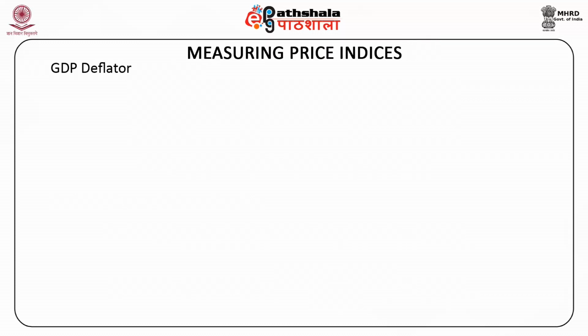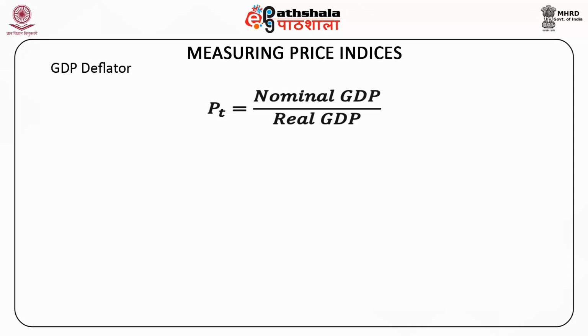In an economy where nominal GDP increases at a rate faster than the real GDP, the prices must be rising. To measure this rise in prices or inflation, GDP deflator, written as P_t, is computed. GDP deflator is equal to nominal GDP divided by real GDP.